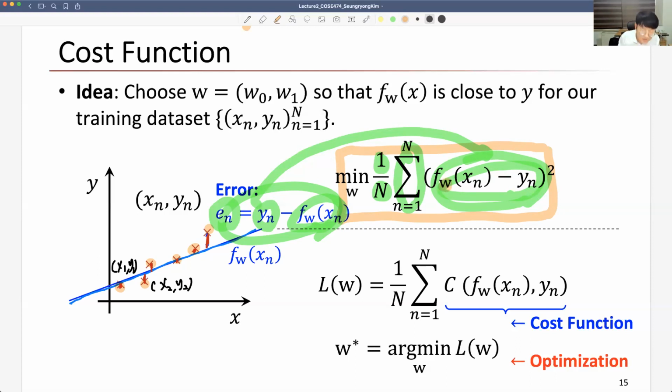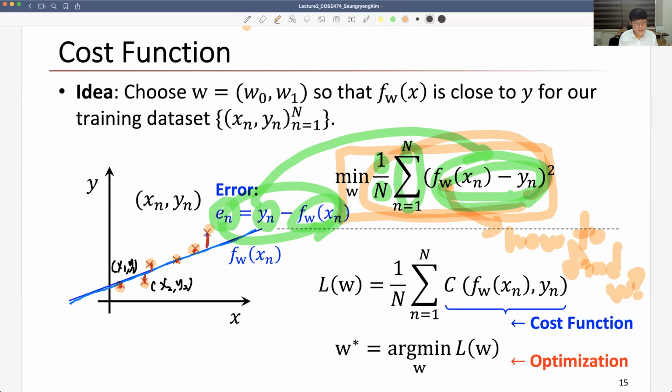So the question is, which W values make this term a minimum? This is the goal of our training. In other words, the question is how to find the W that minimizes this cost function, right?